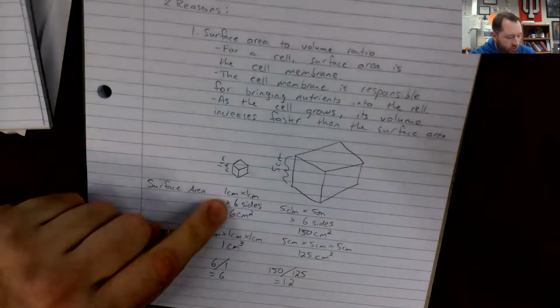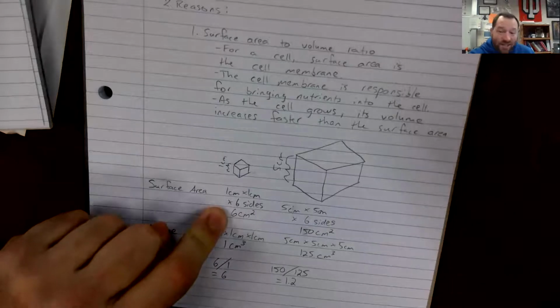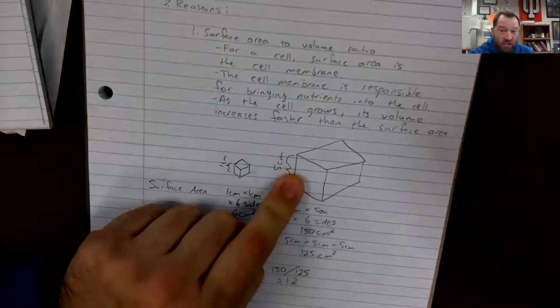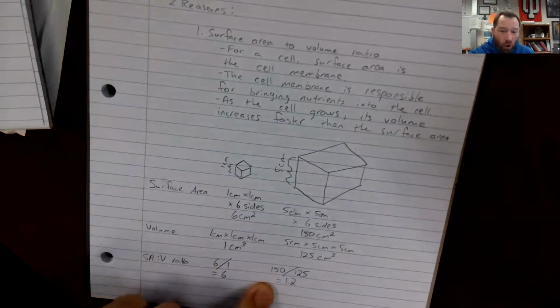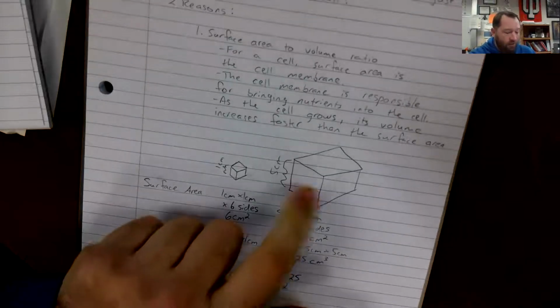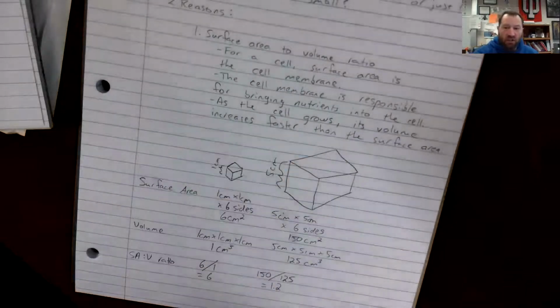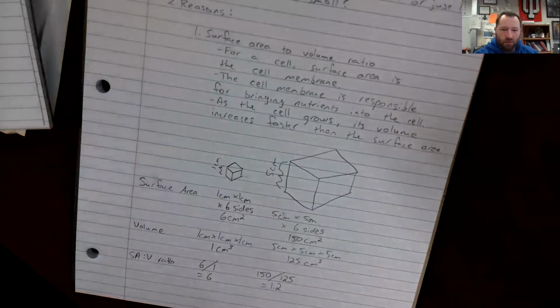In our small cell, our surface area was 6 times greater than the volume. In our large cell, the surface area is only 1.2 times greater than the volume. It's going to be a lot harder for this surface area to get enough food to the inside of the cell for this to work.